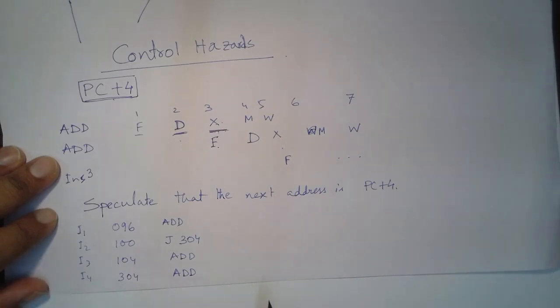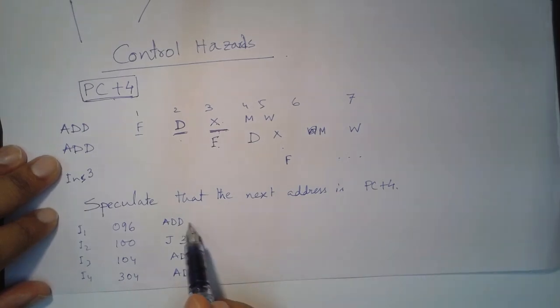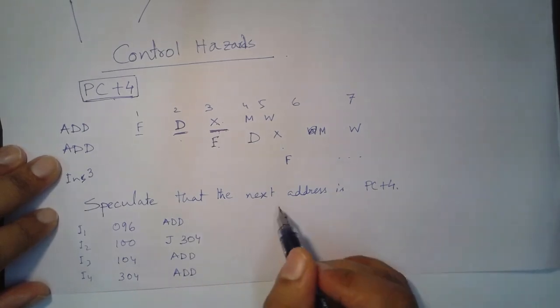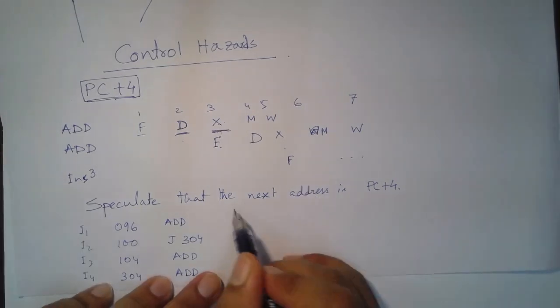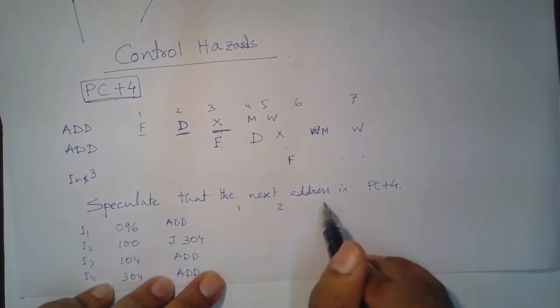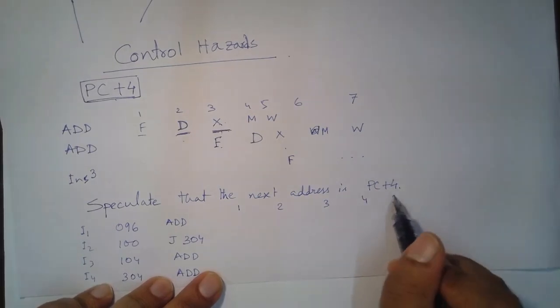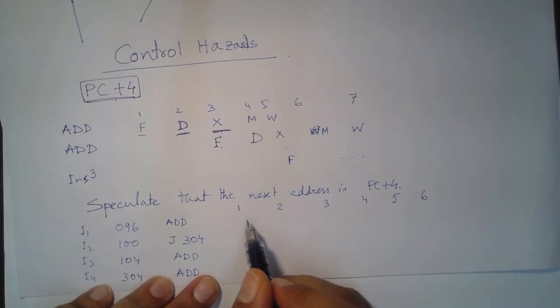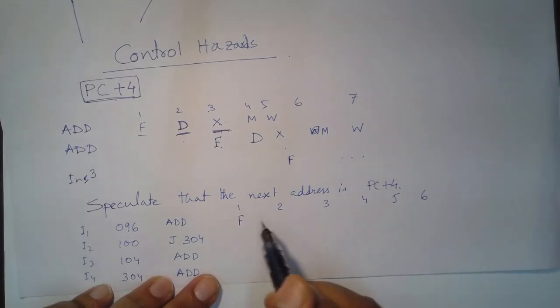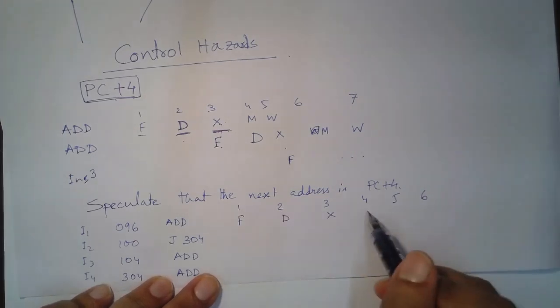Okay. Now what will happen? You will be fetching this instruction. So if we draw the pipeline diagram, you will be fetching, decoding, executing, memory, write back.